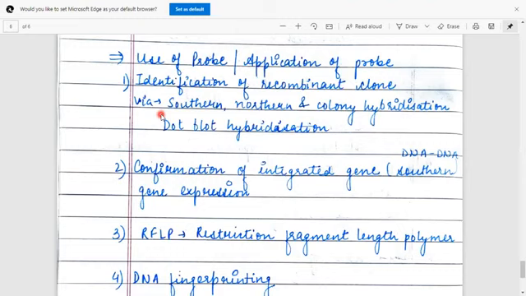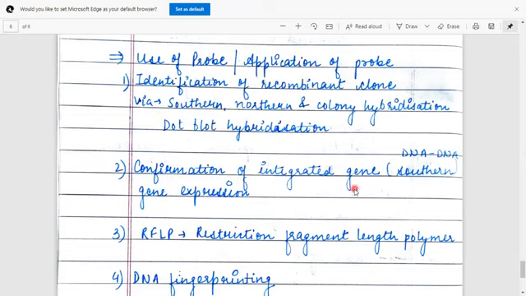Say millions of cells are growing, so clones. How can we screen them? The presence of the gene can be visualized through the complementary probe. Likewise, confirmation of the integrated gene.